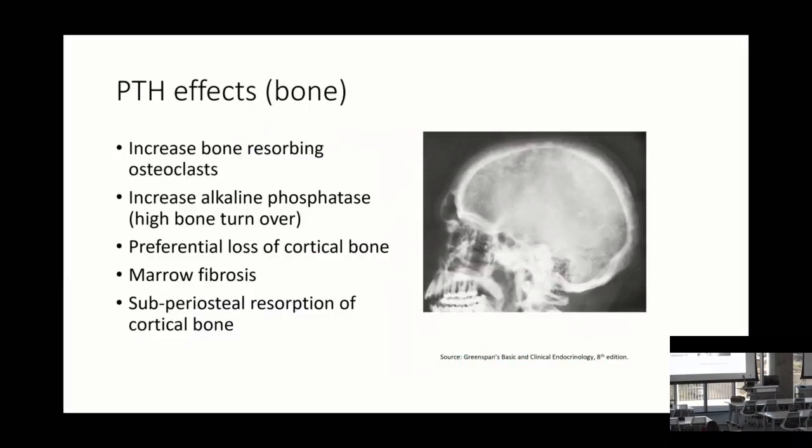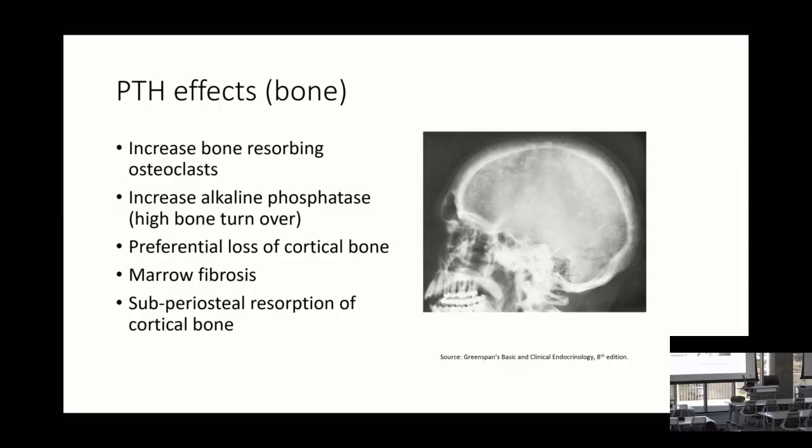Parathyroid hormone increases bone resorption through osteoclasts. Because you're resorbing bone, alkaline phosphatase, a marker of bone turnover, can be increased in the serum.